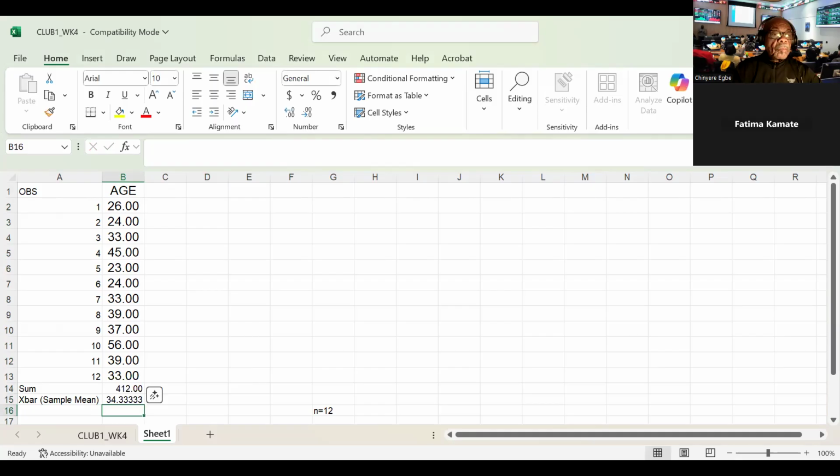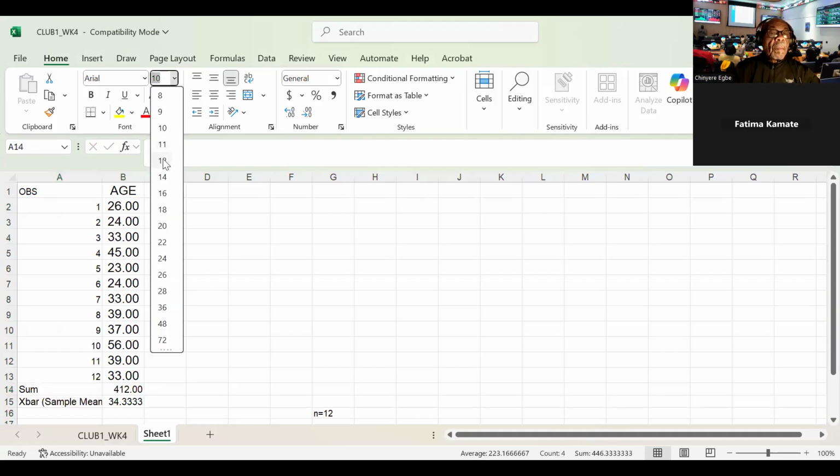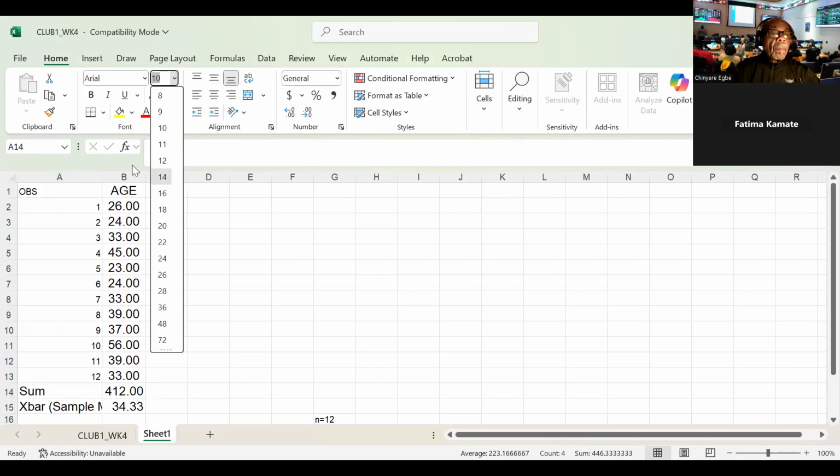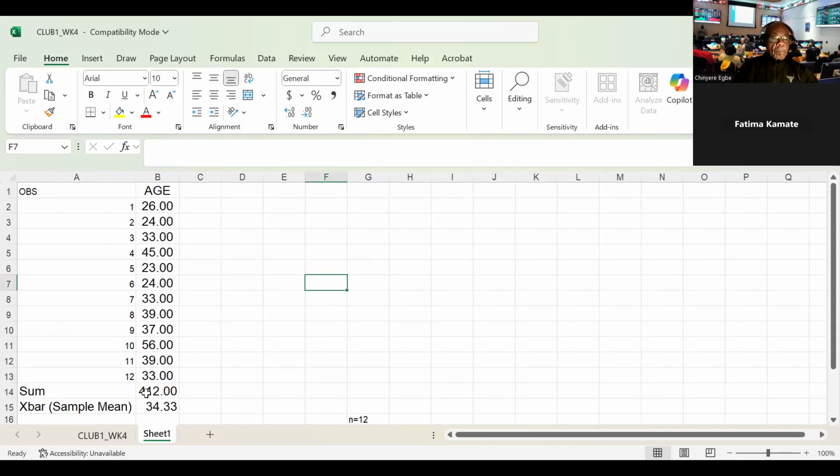You get it? So the sample mean is what? It is 34.33. Am I correct? Do you get that? Yes, Professor, I understand. So I'm going to highlight it. That is the sample mean. So we calculate it by simply taking the sum of values divided by n.